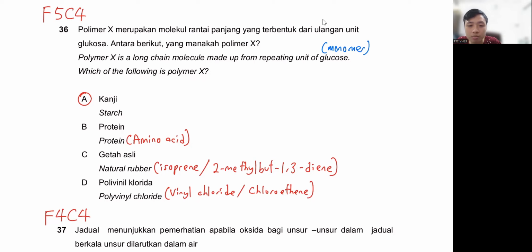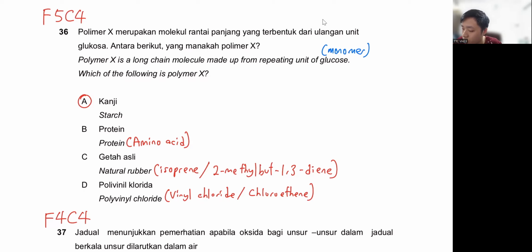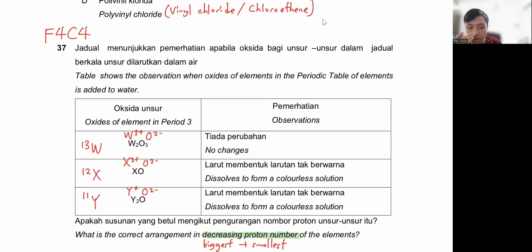This is also a polymer. So glucose is for starch. Question 36 is actually from chapter 4.